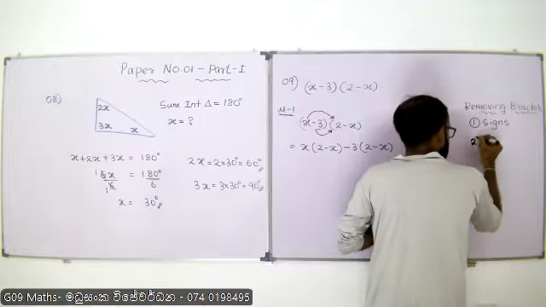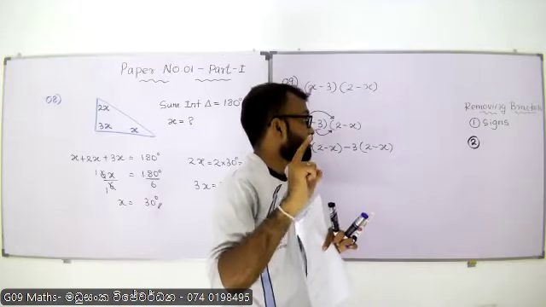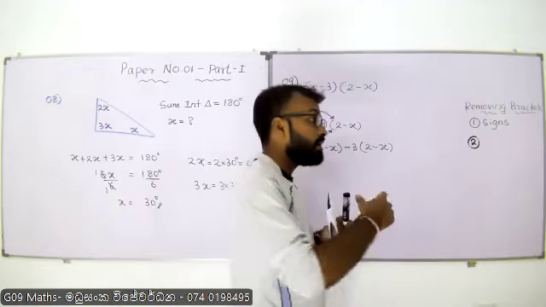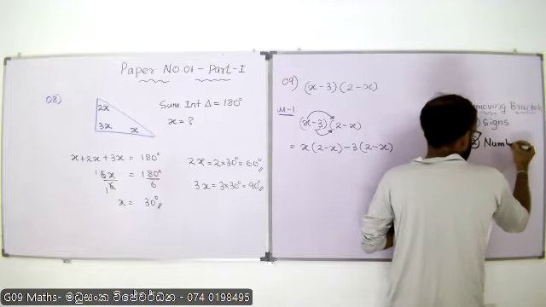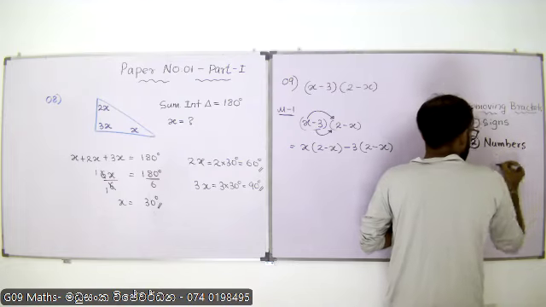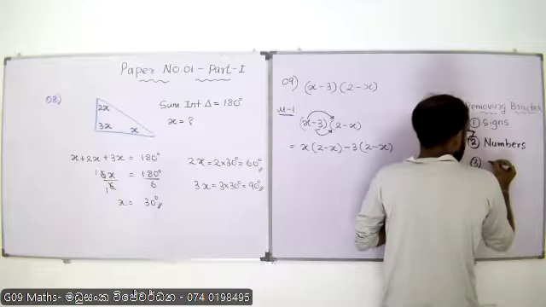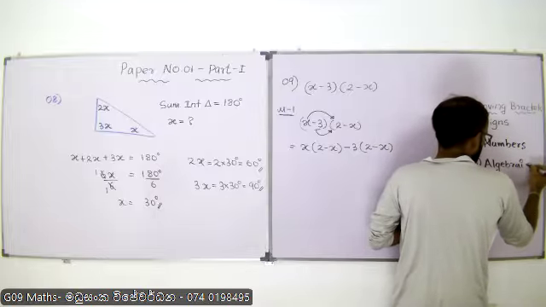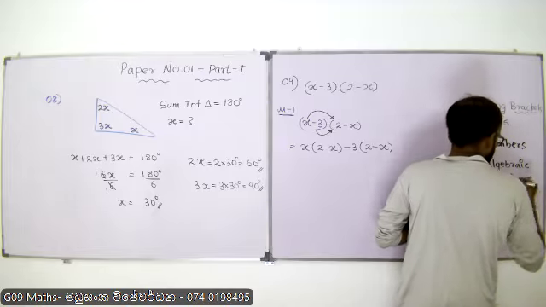If you are removing brackets, you are going to multiply the signs, then multiply the numbers, and at the third point, multiply the algebraic terms.